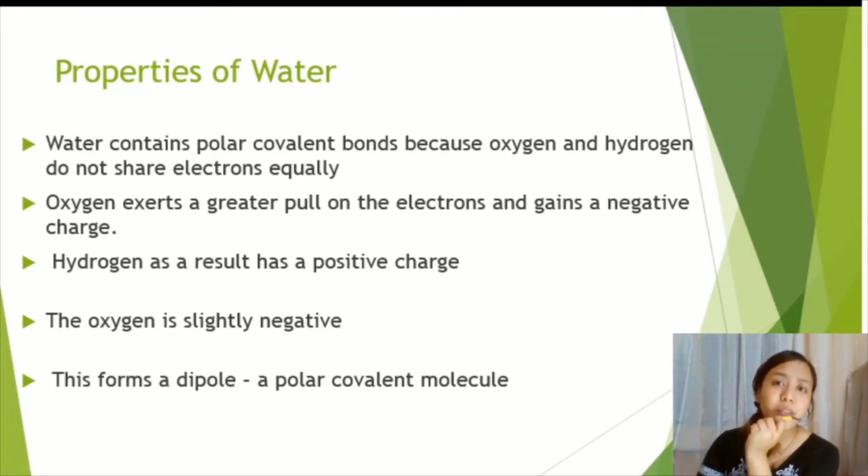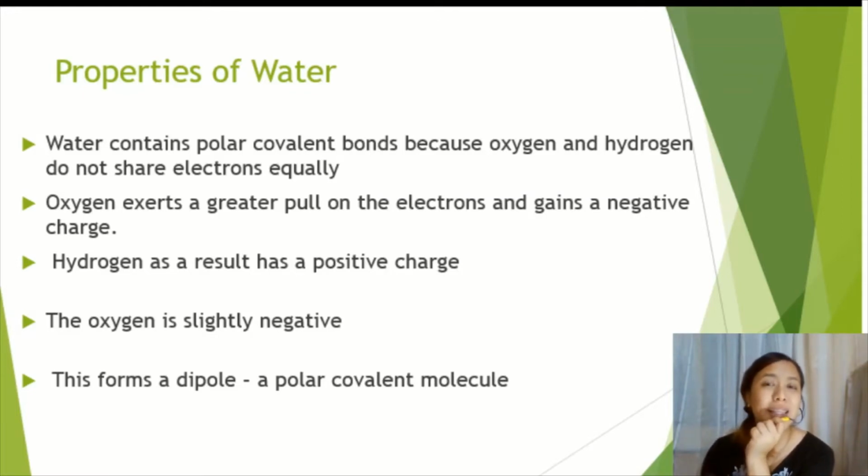You just have to remember that water is made up of, of course, you know that already, two hydrogen atoms and an oxygen. When these two hydrogen atoms and the oxygen combine together, you will actually form a species that would be charged.